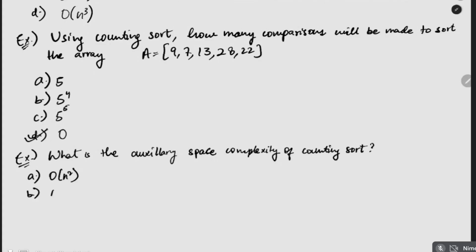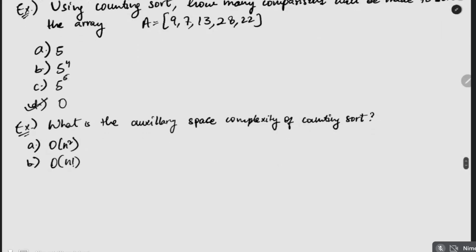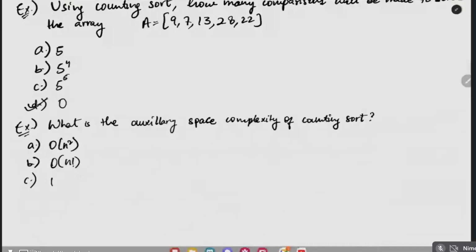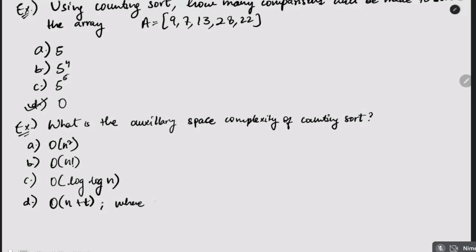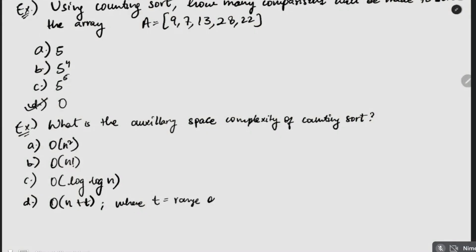Here we are being asked about the auxiliary space complexity of counting sort. Option C, order of log of log n, and the order of n plus t, where t is the range of inputs.